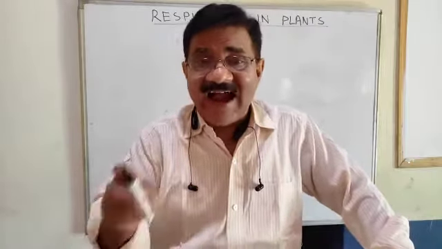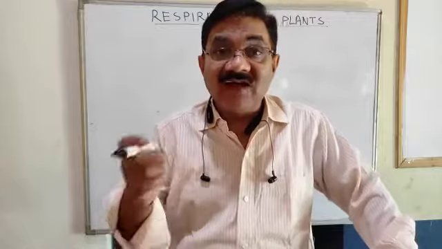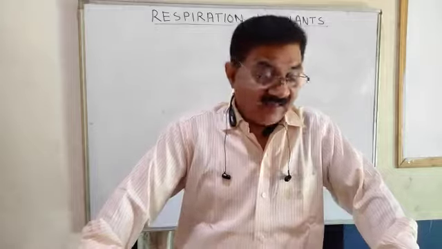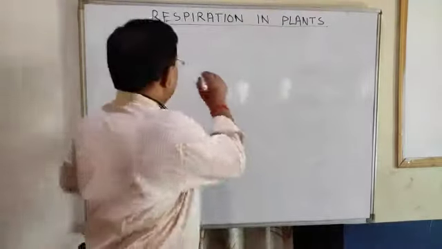But think of the plant. How does a plant breathe? Where is the nose in a plant? Have you ever seen? Yes, there are organs that perform the function of a nose. They are the stomata.